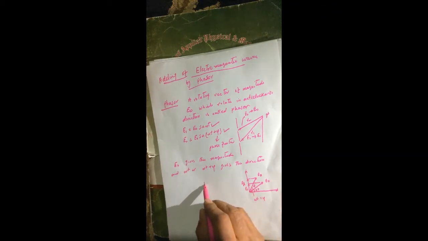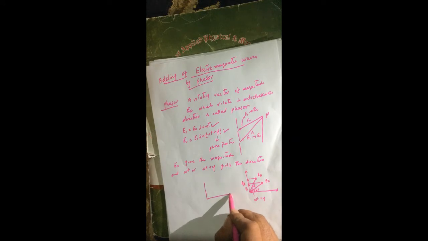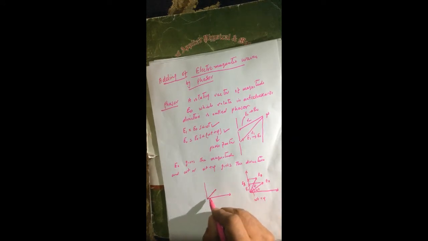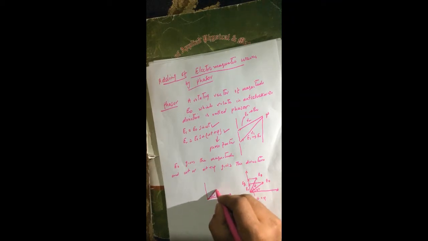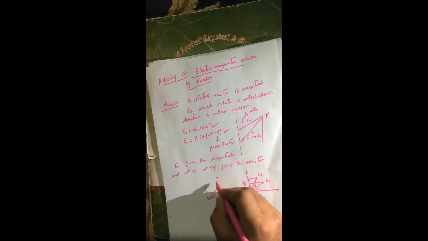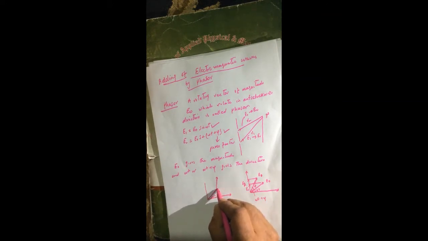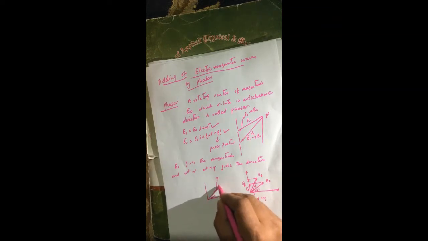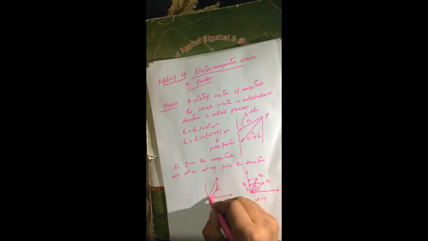Suppose this is vector E naught, which makes angle omega t, and this is the vector with magnitude E naught. It makes angle phi with this vector. So the resultant vector is given by this one. This is the resultant vector E.